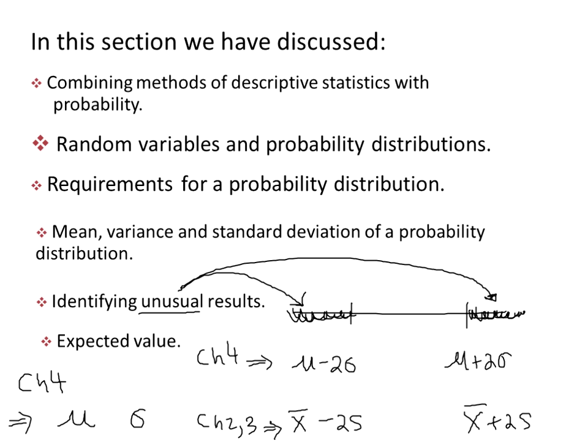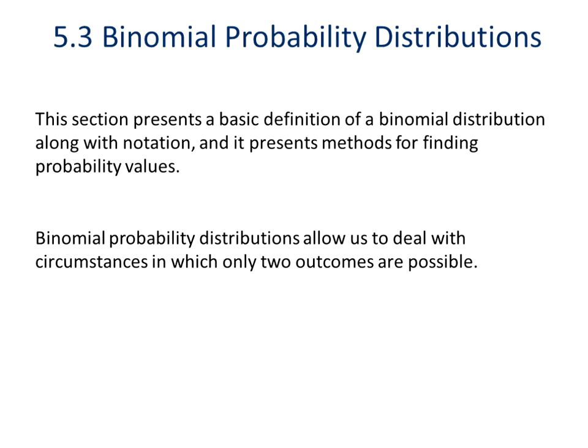Okay, so today we are talking about the binomial probability distribution. So you already know the basics for probability distribution. So now we're going to talk about this one special distribution, and it's called the binomial probability distribution.